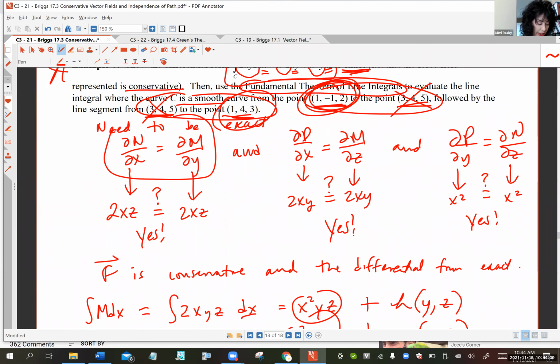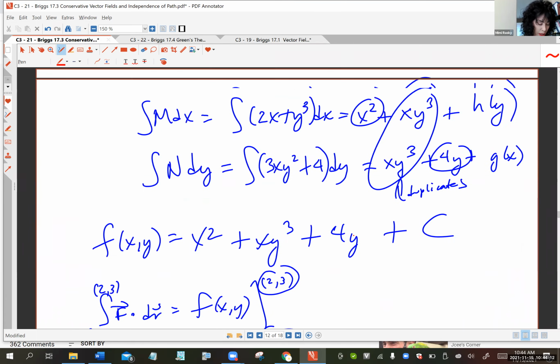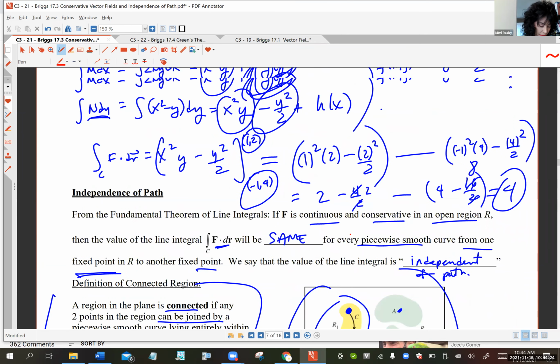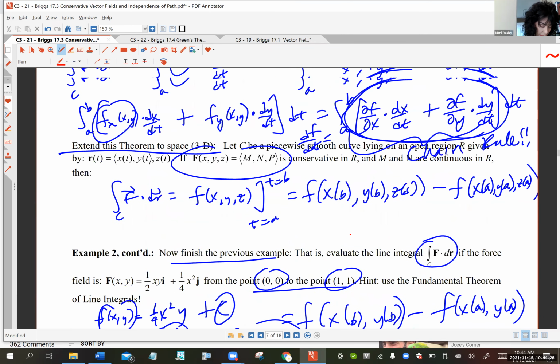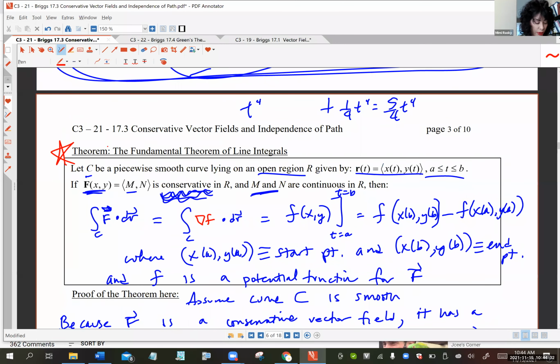Way back here. Let's look at that big old theorem. There it is. Big theorem. It's in the same section right here, page 3.